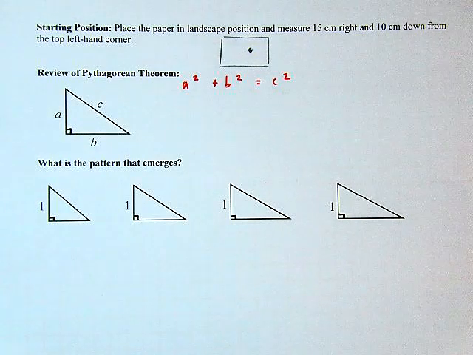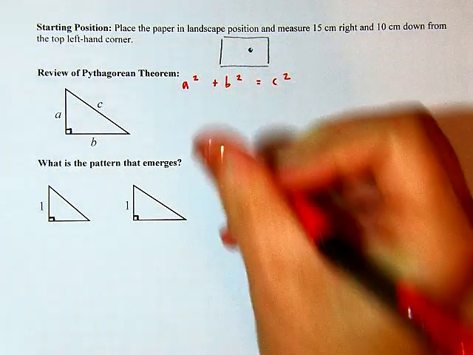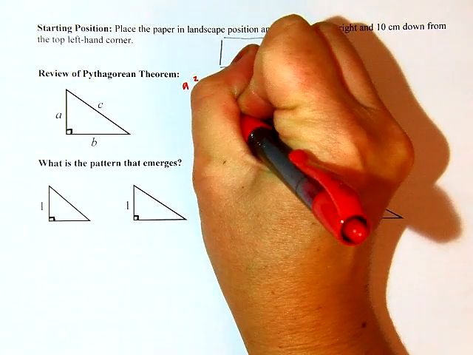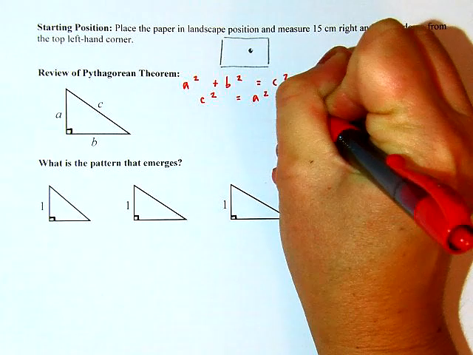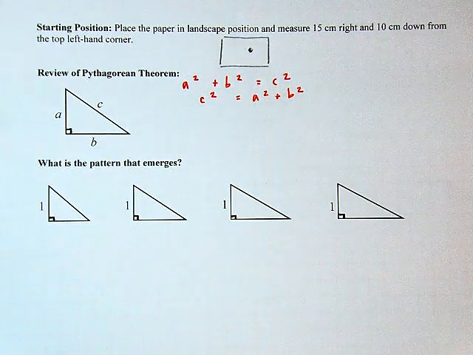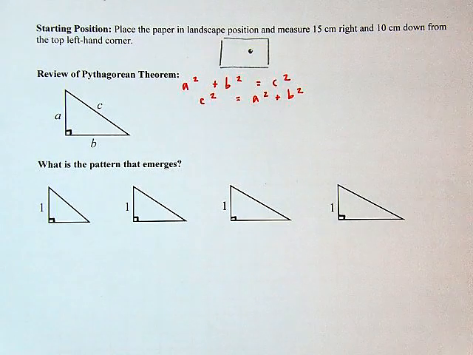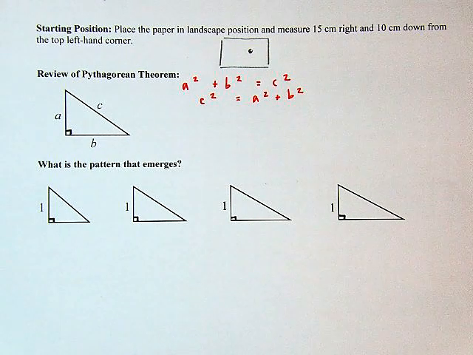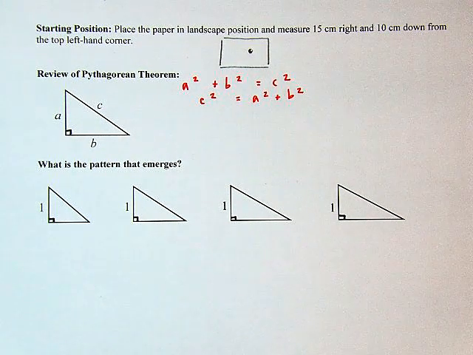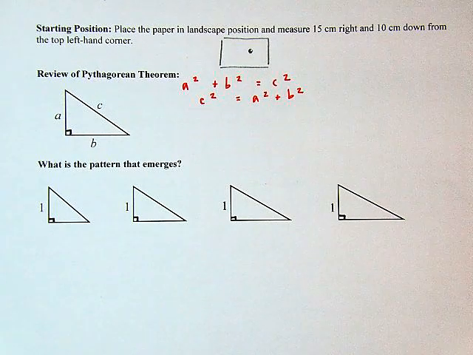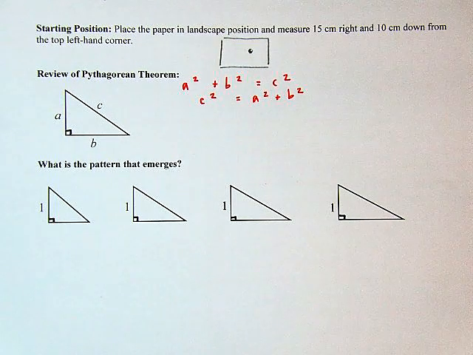I'm going to flip it around and write the c squared on the left-hand side. So c squared equals a squared plus b squared. It's really the same equation. I've just switched the left and right sides. If I want to solve for my hypotenuse, the c value, I'm assuming that a, b, and c are positive integers.